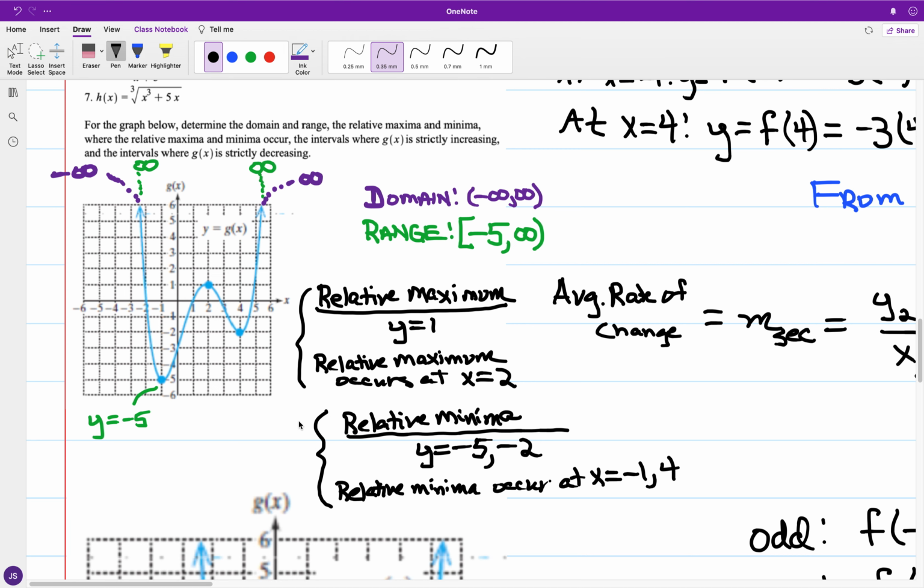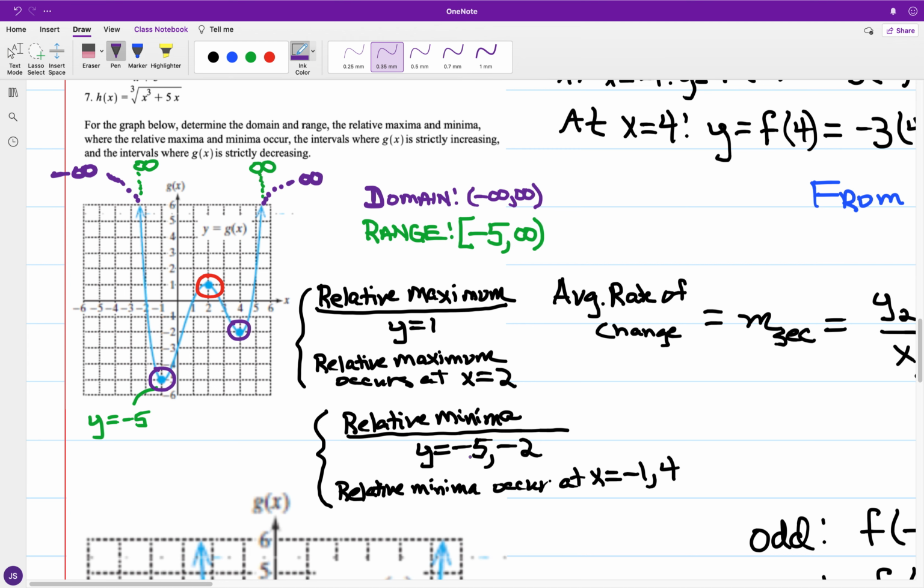All right. So again, you have the domain to be the set of all real numbers. The range will be the set of values y greater than or equal to -5. And again, you have your relative maximum, which is this particular point at 2, 1. And your relative minimum, we have at -1, -5, and 4, -2.